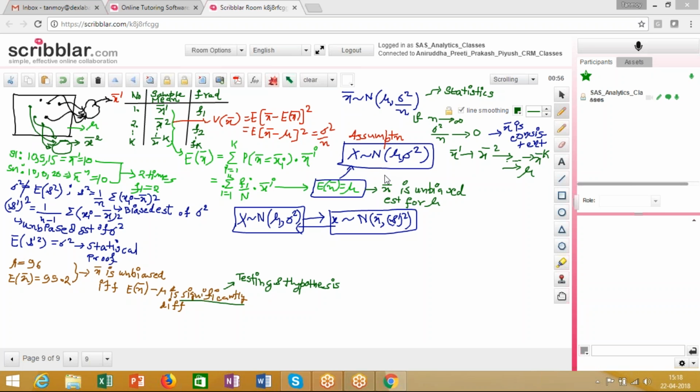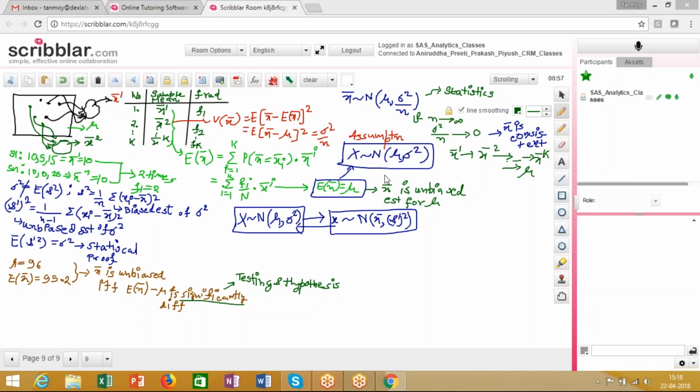Then we can see that x bar is a good predictor of the population mean. However, that does not necessarily mean that the sample mean is always a good predictor of the population mean.